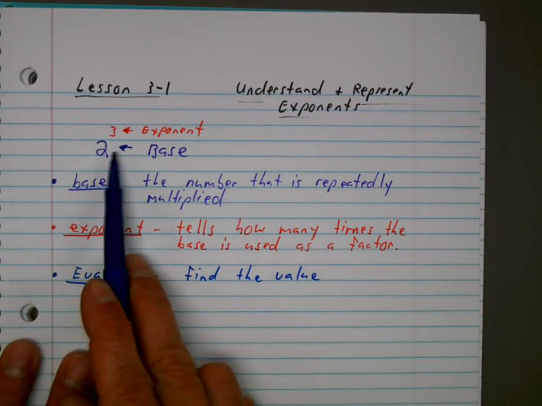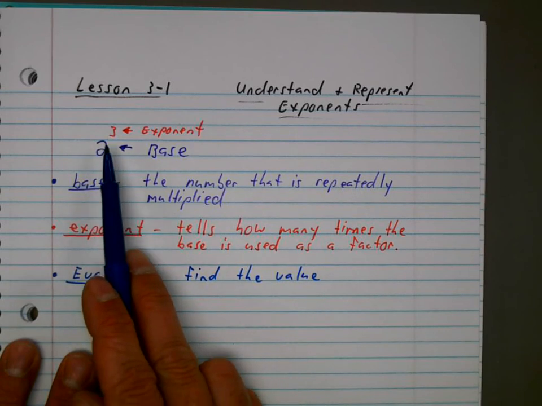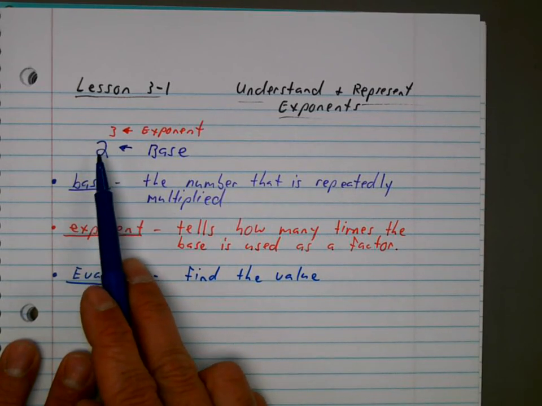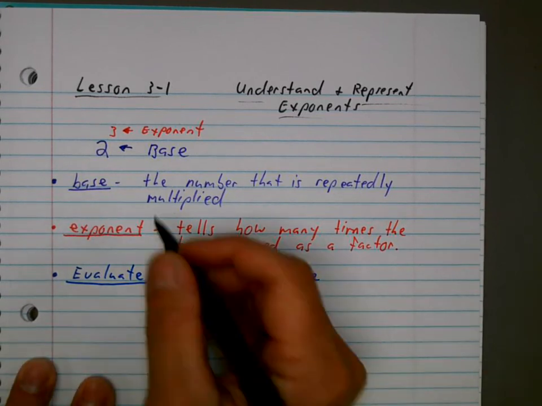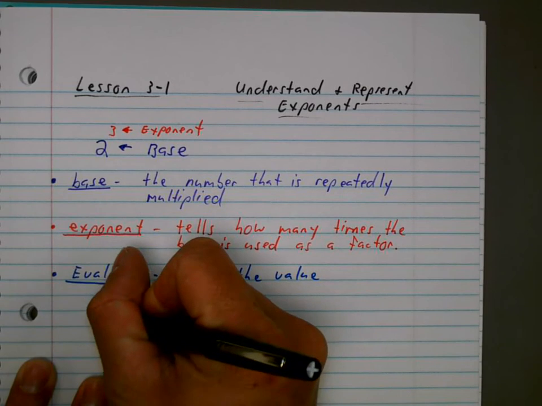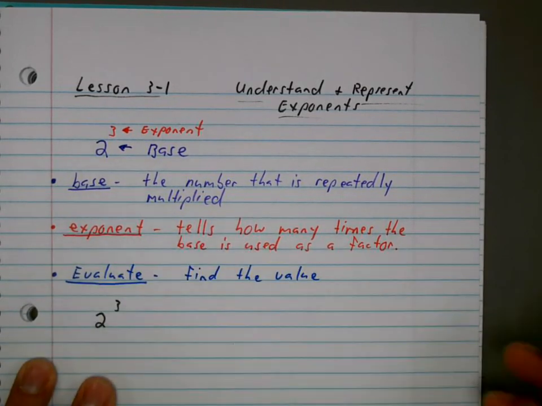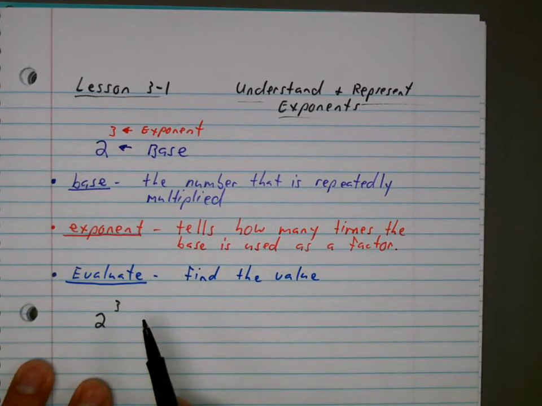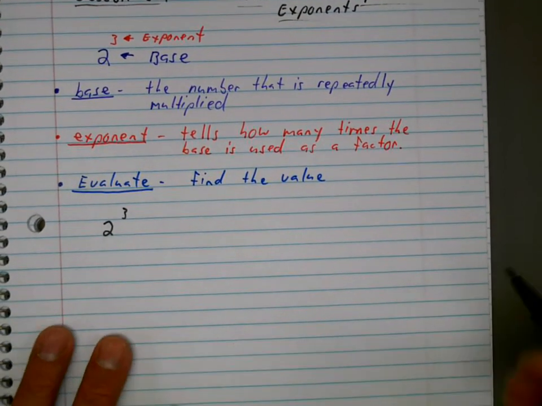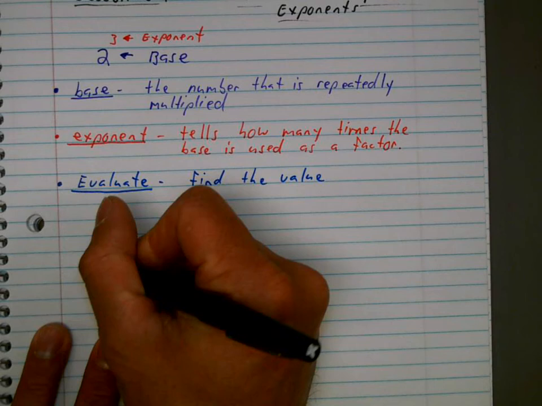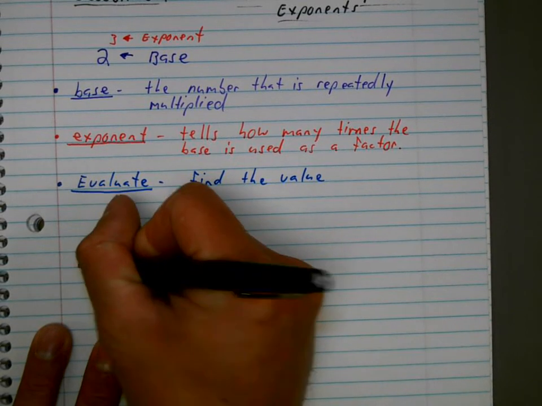So let's go ahead and backtrack a little bit, and use this example to show how exponents work. If I have 2 to the third, and we were asked to evaluate it, all this means is that we're going to multiply the base by itself 3 times.